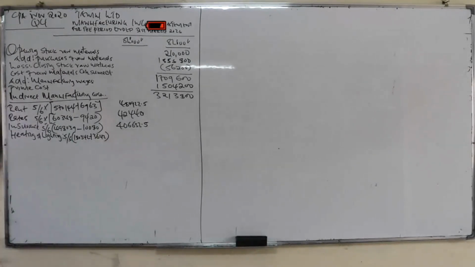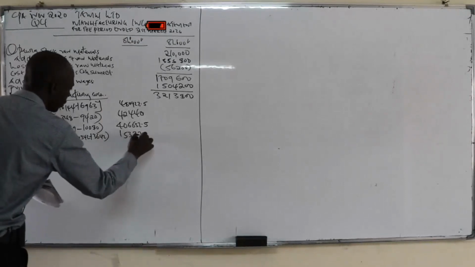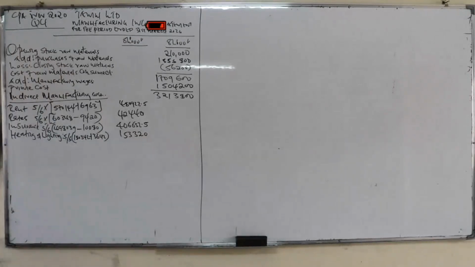How much do you get? 153,320. We are through with the heating and lighting, isn't it? So in other words, we are finished with note number 1 in regards to manufacturing and number 2.